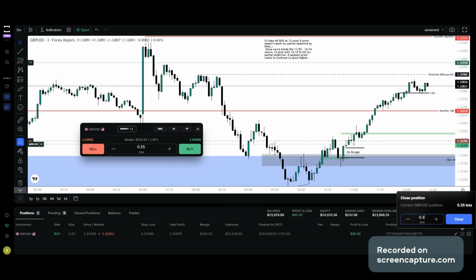Saw that little animation. The bid and ask price started flickering, and then it stalled.